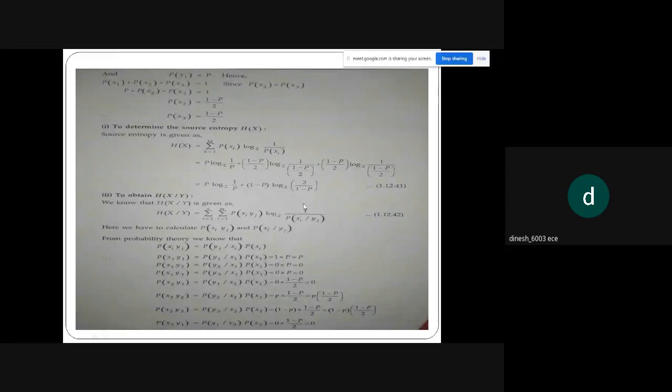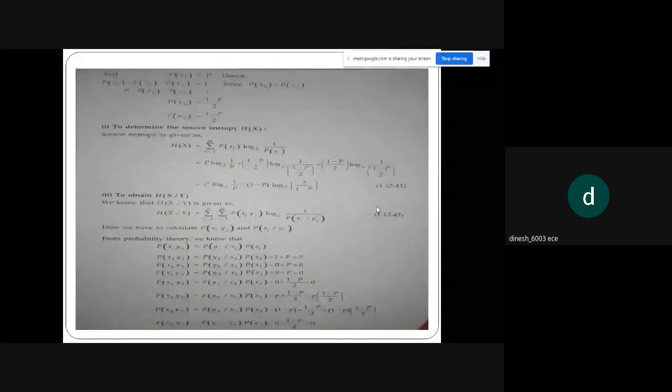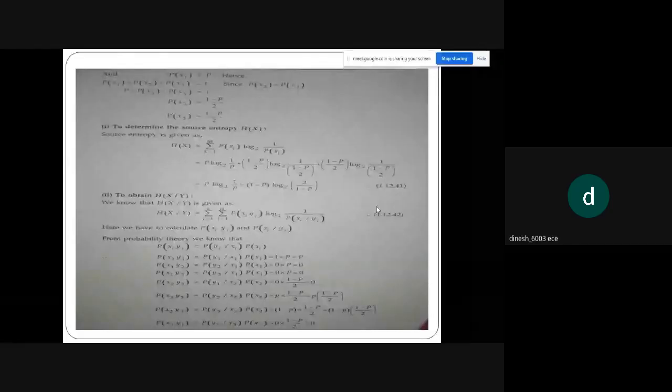Simplify it. You will be getting this equation 1.12.41. So try to simplify that and see whether you're getting this equation.